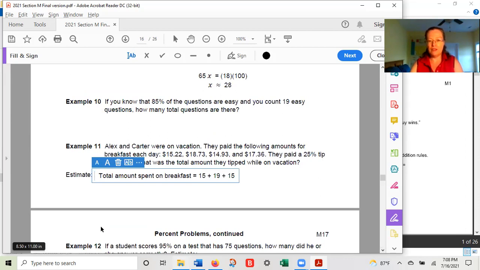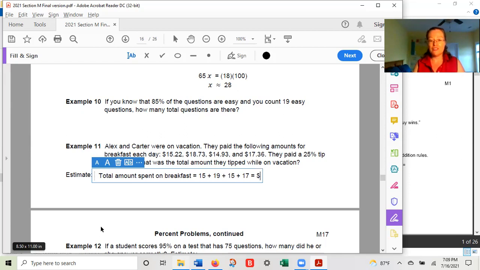And let's round down the 17.36. I wonder if we can actually round it to 20 and 20. Does this come out to be 66? It does, doesn't it? 10, 20, 30, 40, 50, 66. So this works.